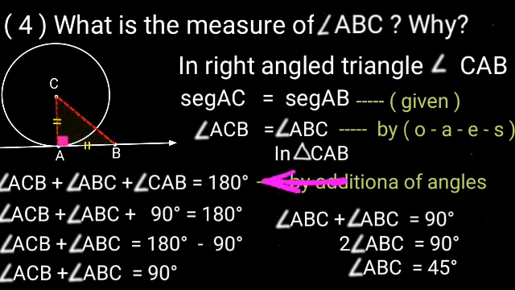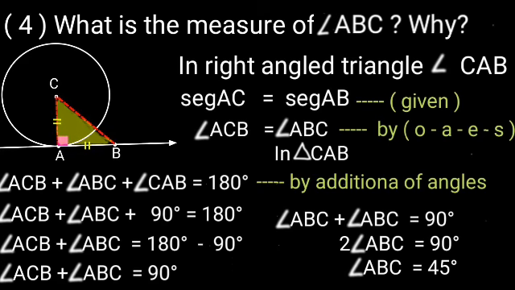In triangle CAB, angle ACB plus angle ABC plus angle CAB is equal to 180 by addition of angles. Sum of three angles is 180.